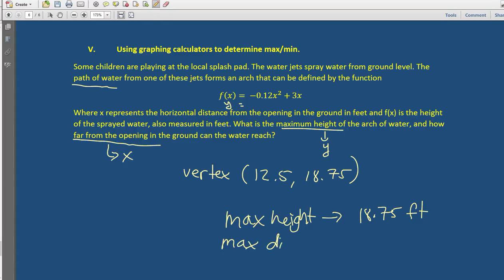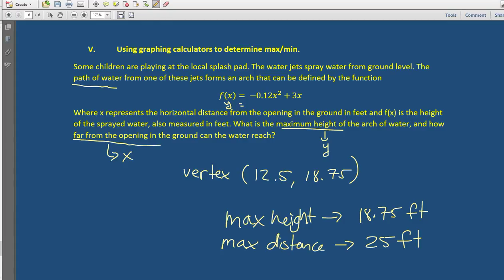And the max distance is going to be the 25 feet, which was measured by the x-axis intercept off the graph, because that's as far as the water could travel before it would hit the ground again.